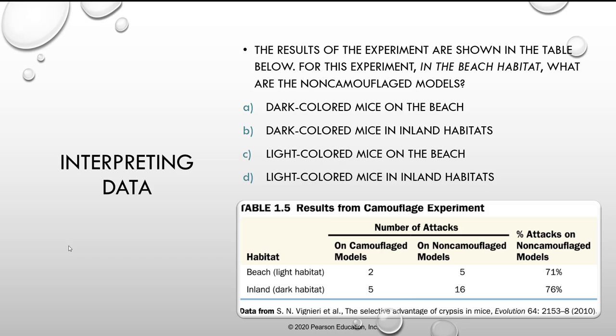If you chose A, I would agree with you. Which ones are not camouflaged in the beach environment? That would be the dark color mice. They stick out, right? So A is the correct answer.